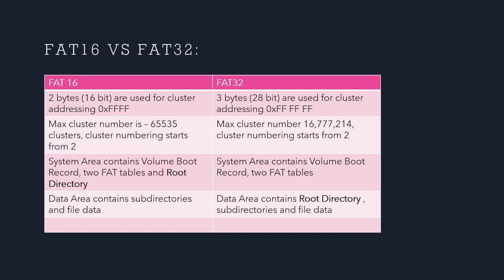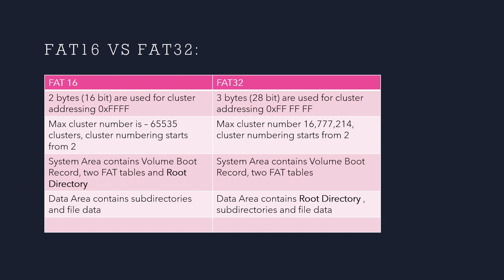The system area is usually located in the beginning of the drive, and it's not expandable. This area contains structural information of the file system, like volume boot record and 2 FAT tables. But it also contains a root directory and all entries that belong to the root directory.